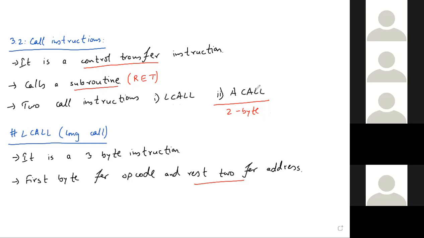But in case of absolute call, it is a 2-byte instruction. So the first byte will always be for opcode. For address, in absolute call, you have only 1 byte allocation. But in long call, you have 2-byte allocation. So what happens is, in long call, you can jump to any address because you have got 2 bytes to specify the address. But you cannot do that in A call. It is almost similar to short jump, and L call is almost similar to long jump.